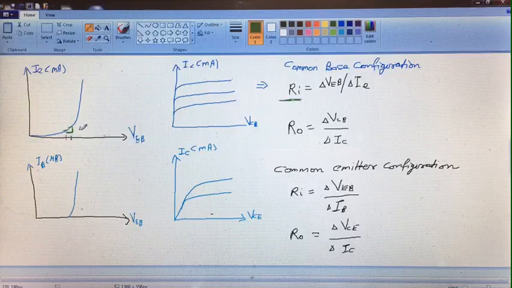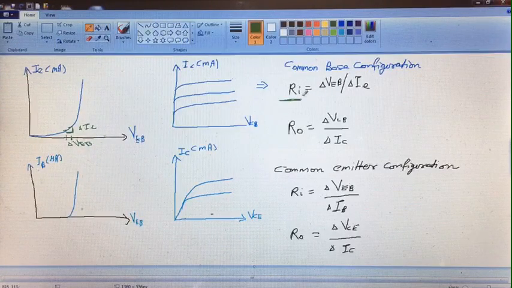This is del IE and this is del VEB. The ratio of the change in emitter base voltage to the change in emitter current is known as the input dynamic resistance for the common base configuration.